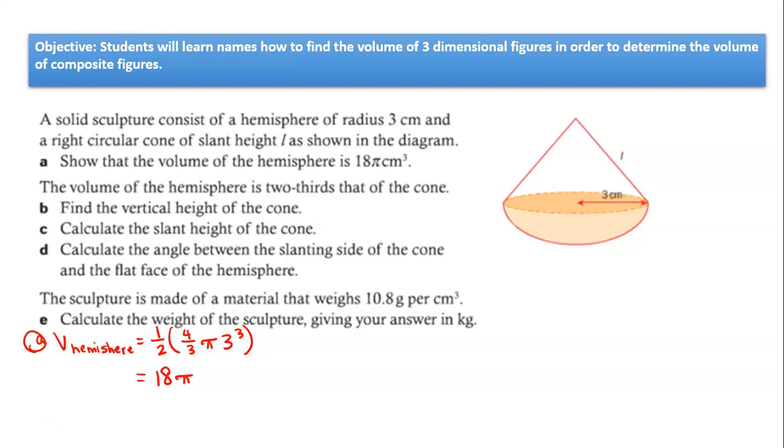All right, for part B, it says the volume of the hemisphere is 2/3 that of the cone. Find the vertical height of the cone. So they want us to find this height.